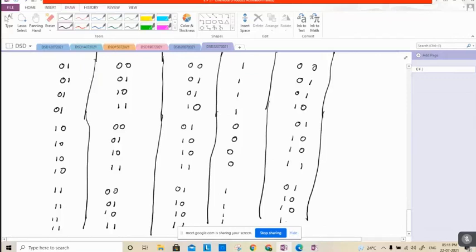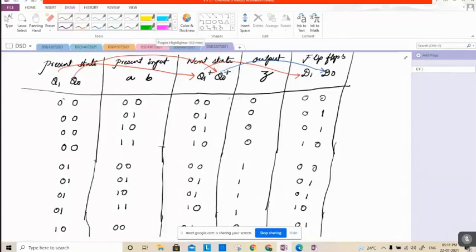Okay, can someone tell me what will be the expression for Z? We need not use K-maps also.